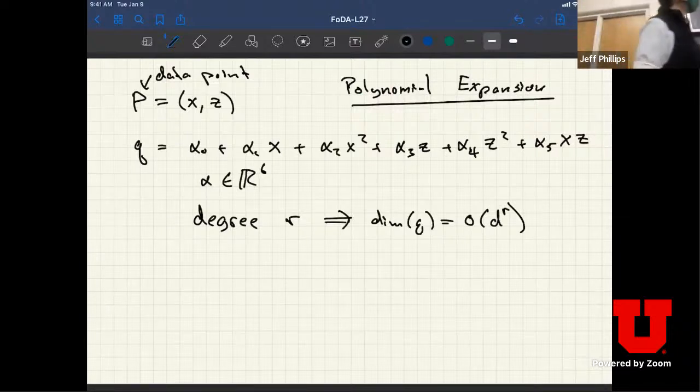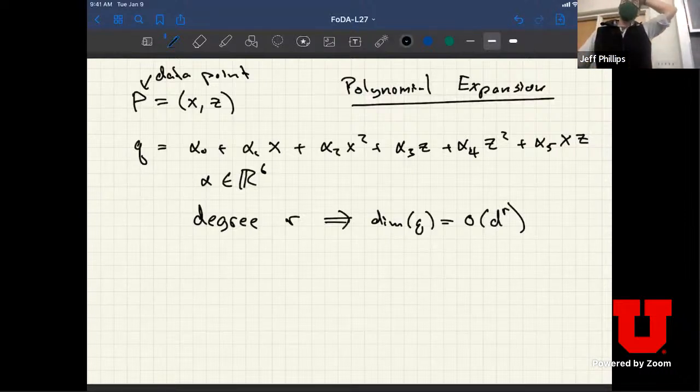So it grows roughly exponentially with the degree of the polynomial. This gets pretty high dimensional pretty quickly. So if I want a higher degree polynomial, you typically will just use the kernel approach, and that will be less cumbersome than expanding this.